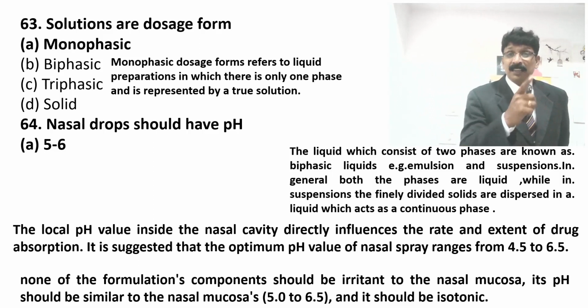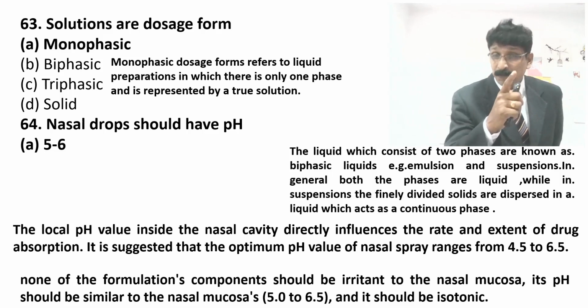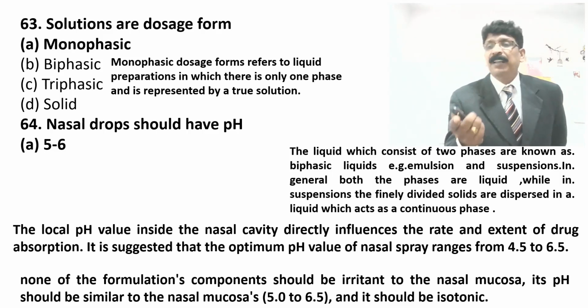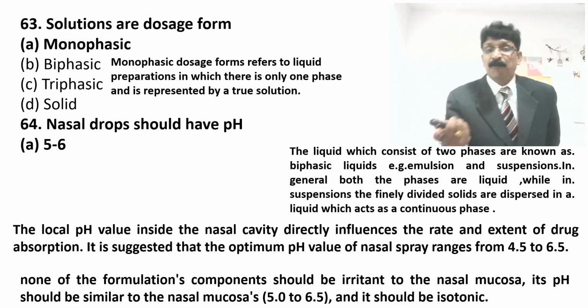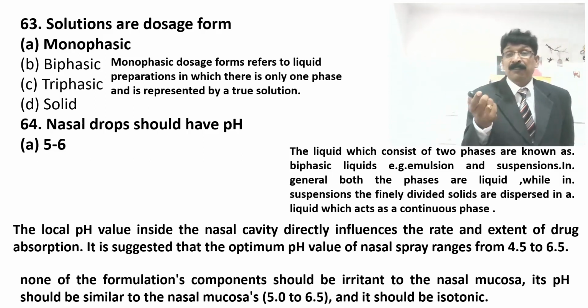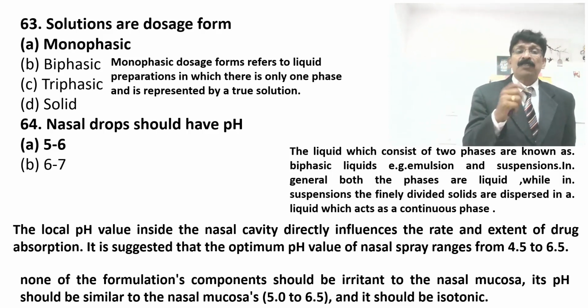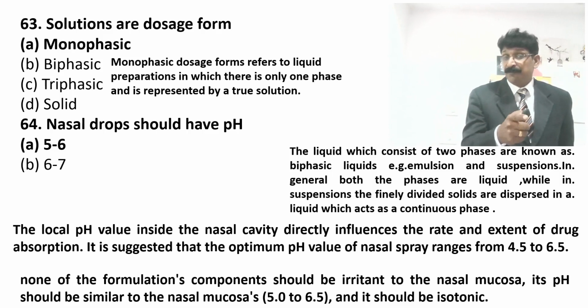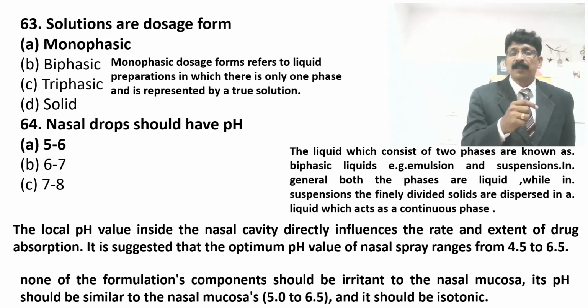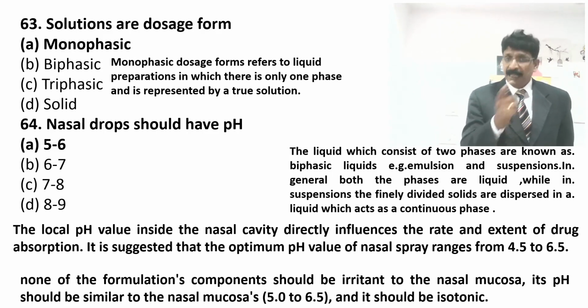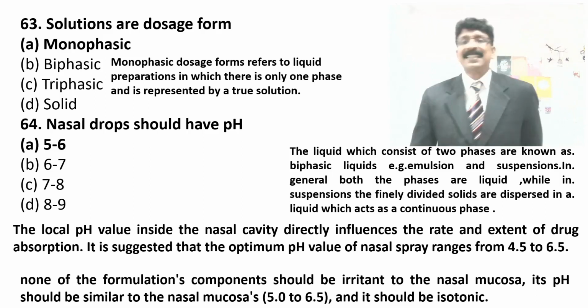The limit is 4.5 to 6.5 or 5 to 6.5, but anyhow, 5 to 6 is given here as the choice. We see 6 to 7 no, 7 to 8 no, 8 to 9 no. So 5 to 6 is the correct answer.